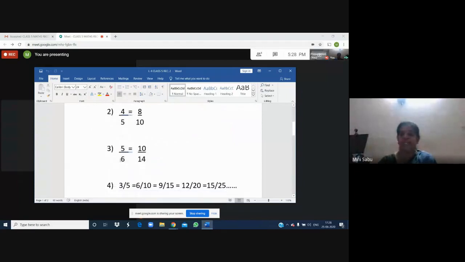Then 5 upon 6 equal to 10 upon 14. The meaning of this equation is that 5 upon 6 and 10 upon 14 are equivalent fractions. My question is, is it correct or not? Find out the relationship between numerator and numerator. 5 multiplied by 2 is 10.